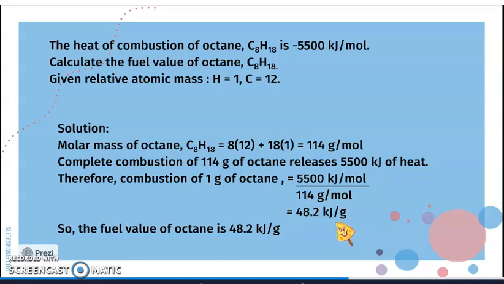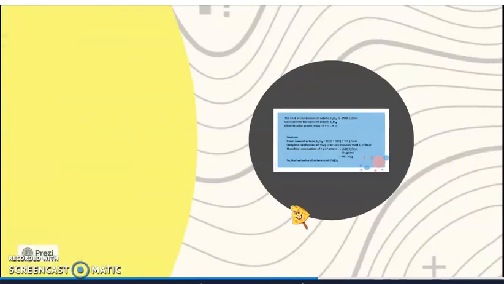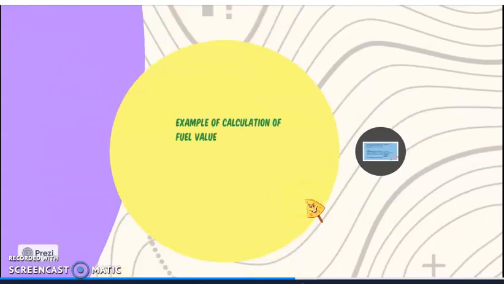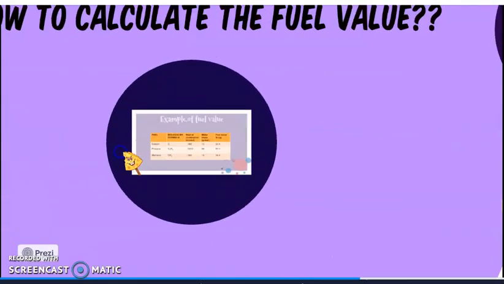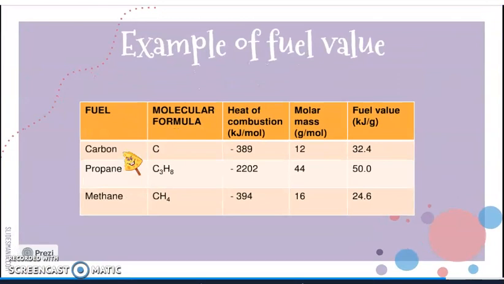Okay, kenapa kita guna gram? Sebab untuk bahan api susah kita nak guna dalam bentuk mol. Dalam daily life kita, dalam kehidupan kita, susah kita nak kira berapa mol fuel yang terbakar. Jadi senang kita guna gram. Sebab tu kita kena kira fuel value. Okay, there are a few examples of fuel value.